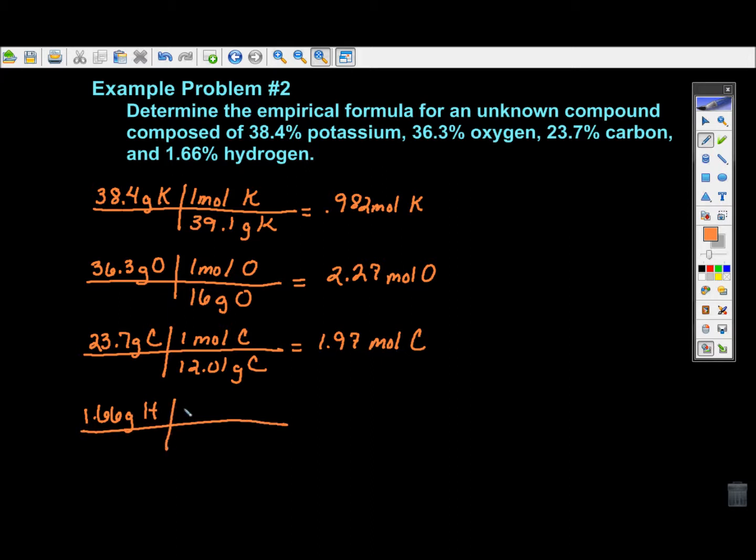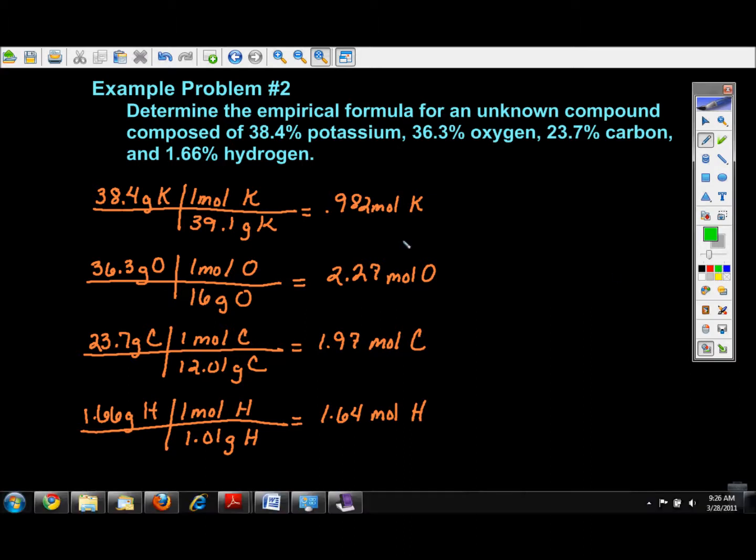Ooh, that's a crooked line. And in 1 mole of hydrogen, I have 1.01 grams of hydrogen. That calculation gives me 1.64 moles of hydrogen. Now, if you need to stop the tape or pause it right now so that you can confirm all this math, please do so, and then you can come back.